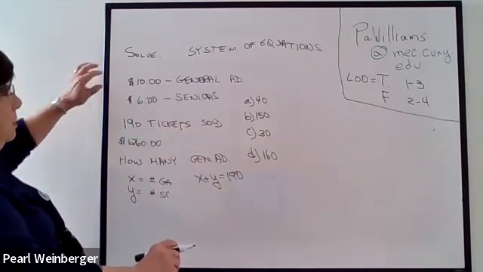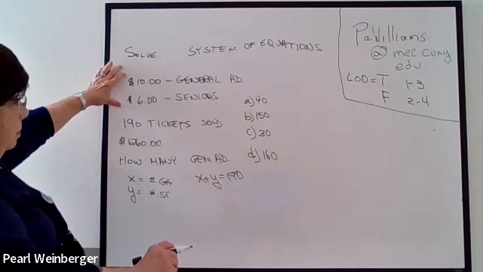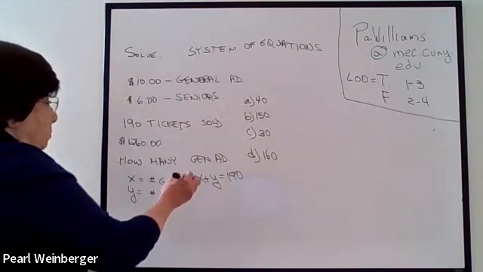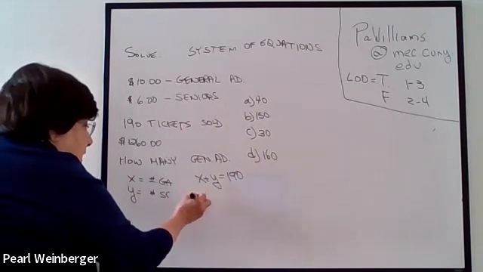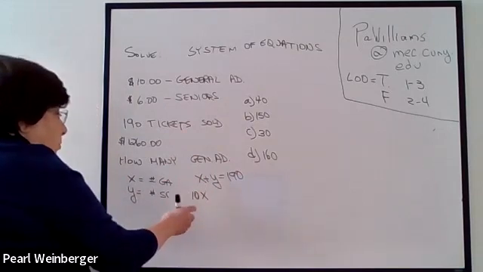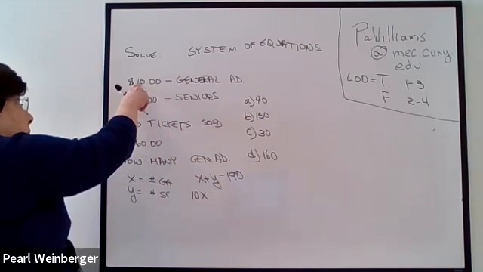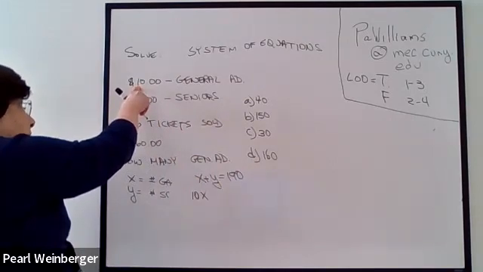Okay, now we start including the price. The amount of money that we get from general admission tickets is 10x, because the price of a general admission ticket is $10.